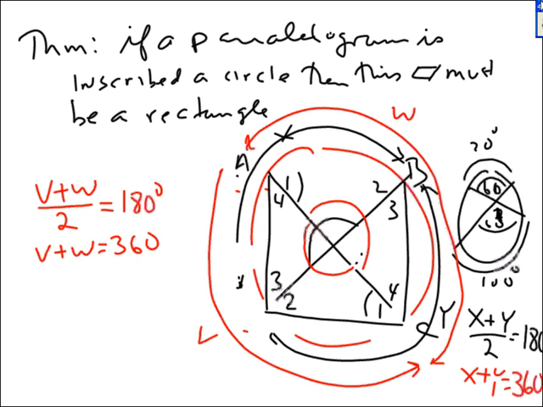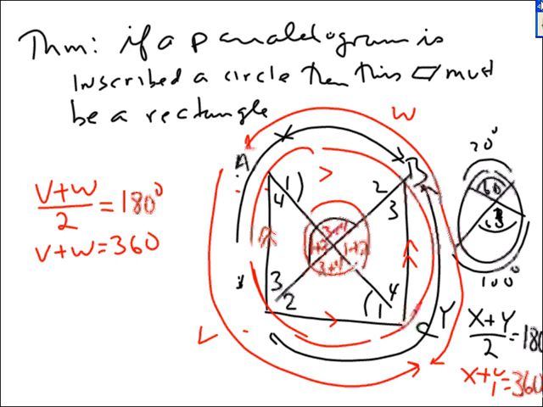Okay, first let me put the circle back so you guys can see this. This angle was 3 plus 4, this angle was 3 plus 4, these two angles were 1 plus 2. And all I know is these two are parallel and these two are parallel.